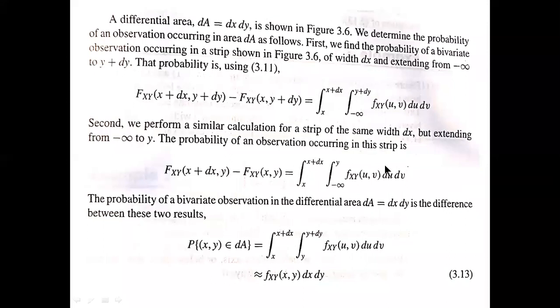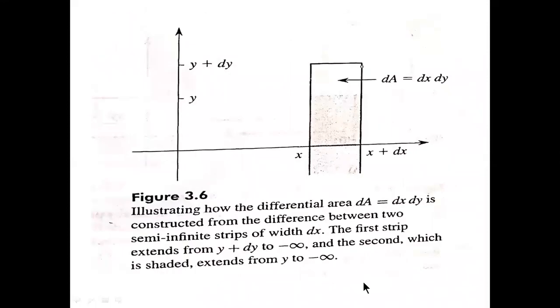Both are the same; the only difference is in the integral. If you subtract, you will get this integral, and that will turn out to be f of xy, that is the probability density function, multiplied by the area itself, dx dy, for the probability that x comma y lies in dA.